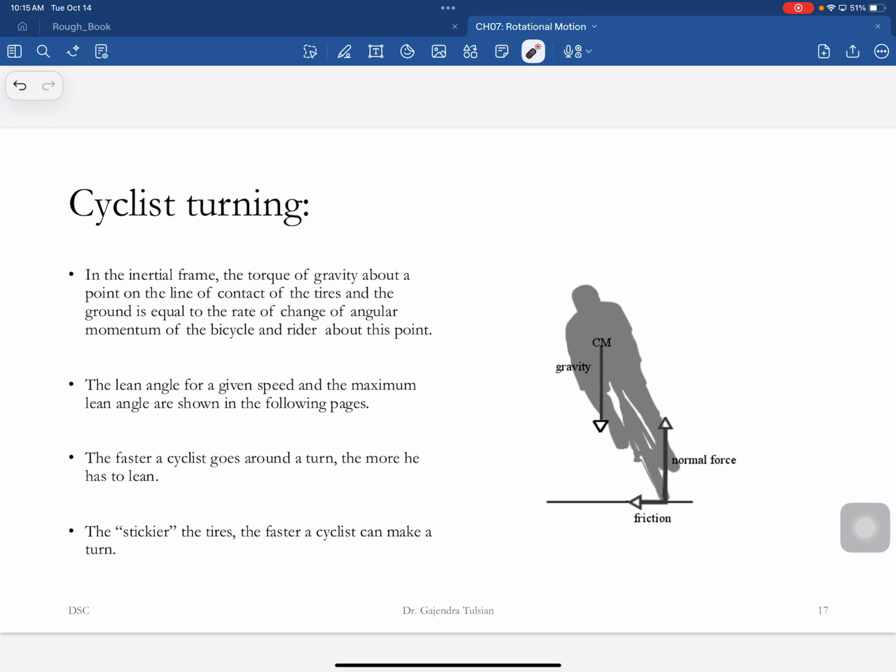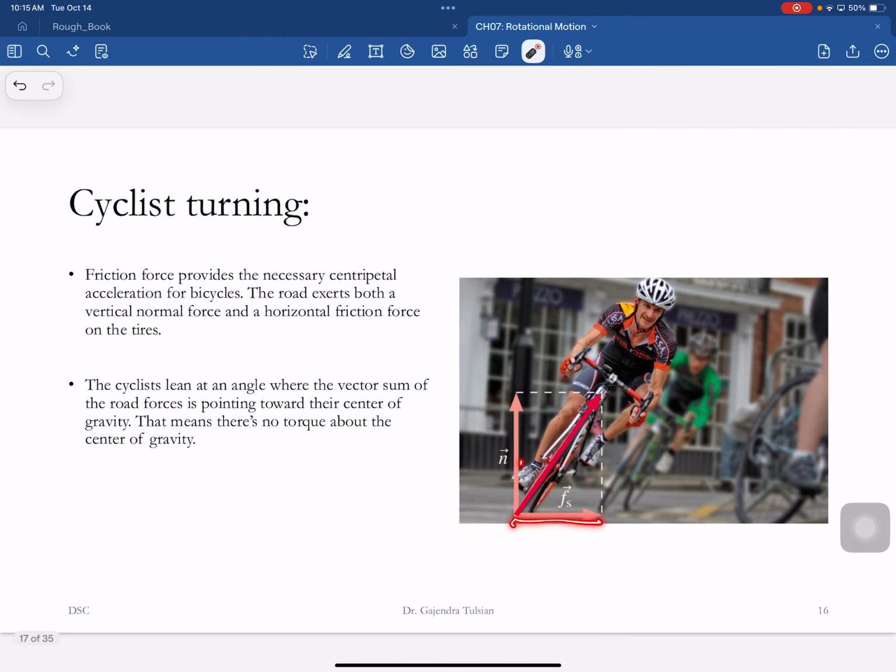So here's the guy making a circle. Here's the center of the circle. There's the friction force that's providing you the centripetal force. Here's the normal force that's balancing your weight. The faster a cyclist goes around the turn, the more he has to lean. The faster you go around a circle, the greater the friction force, so the greater the friction force, the more the lean angle.